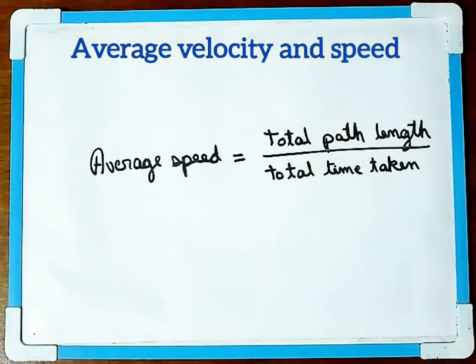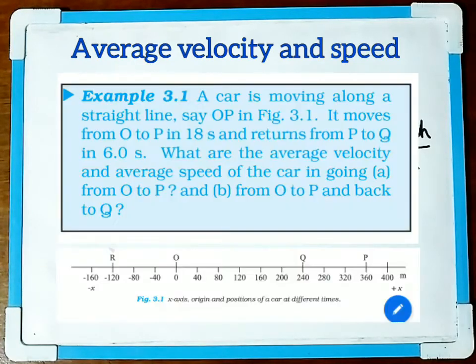But that is not always the case, as we're going to learn in this example. So we take this example: a car is moving along a straight line, say OP. Now it moves from O to P in 18 seconds and returns from P to Q in 6 seconds.